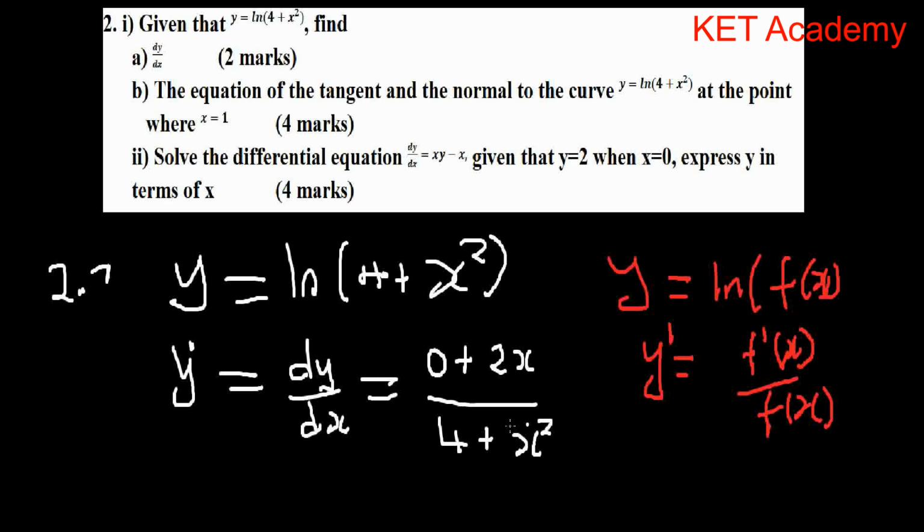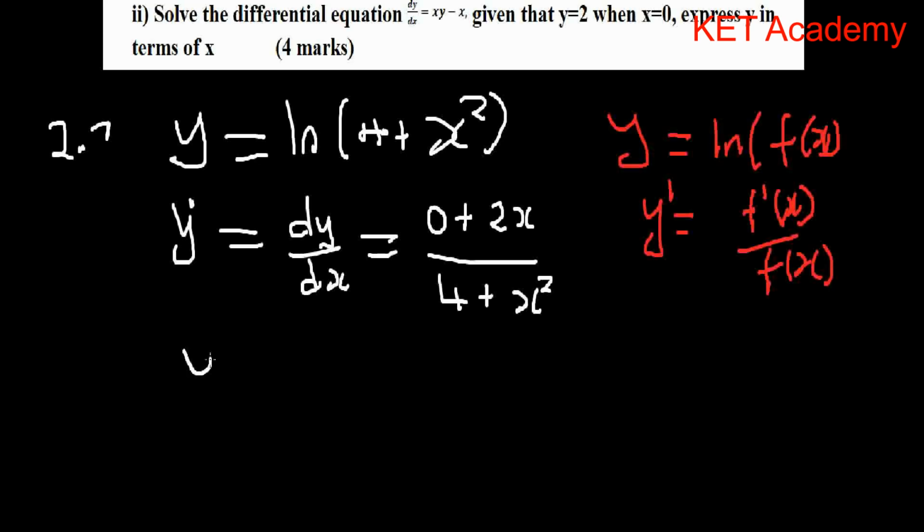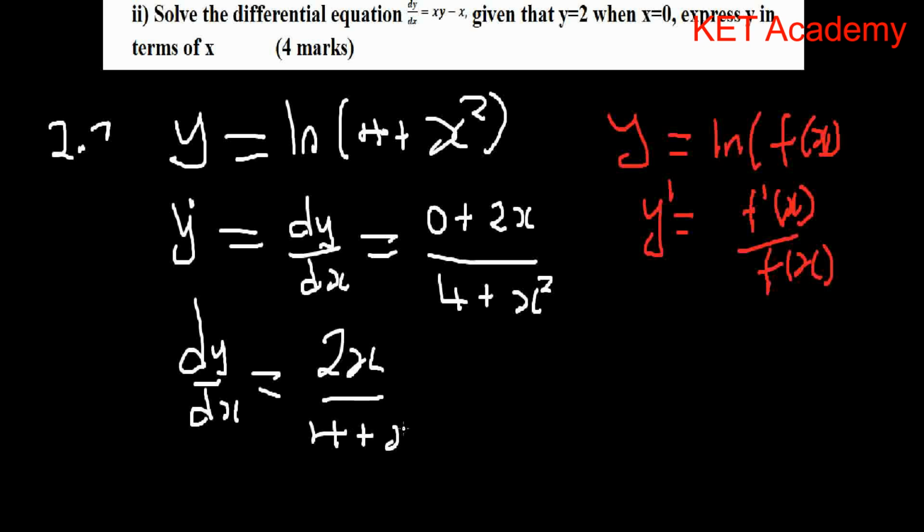So that's our answer. So finally our answer dy on dx will simply be equal to 2x divided by 4 plus x squared. Now that is our final answer.